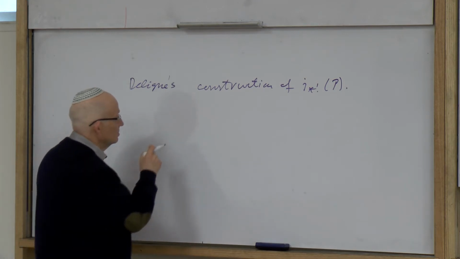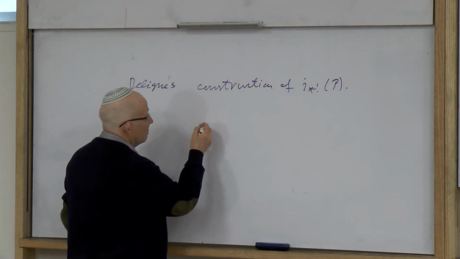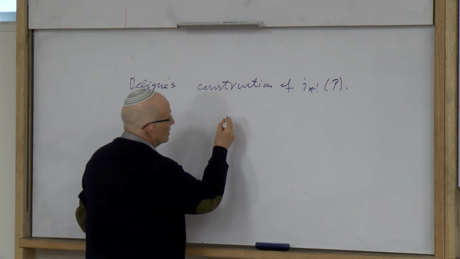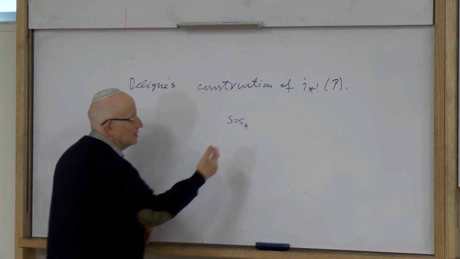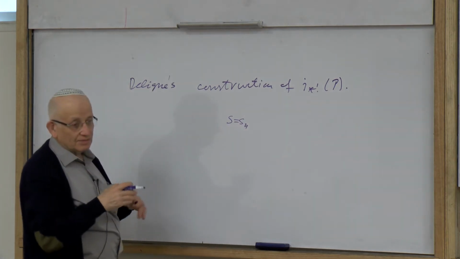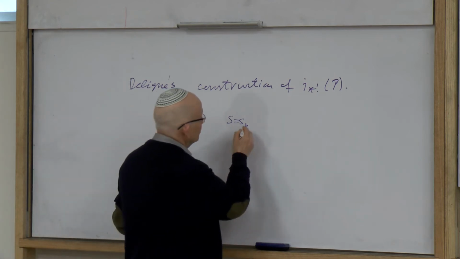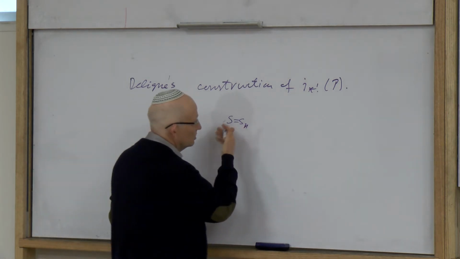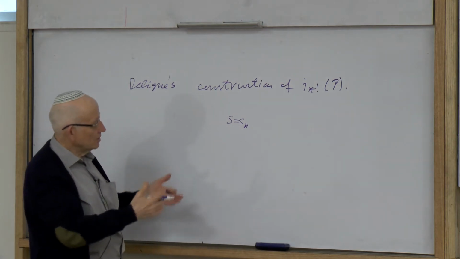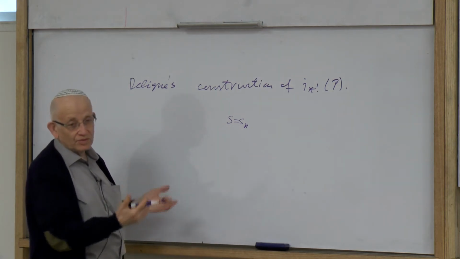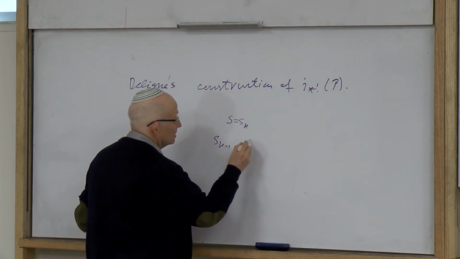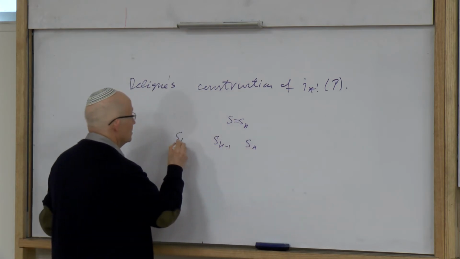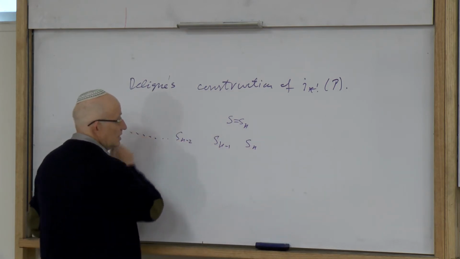Suppose I have my S, which I denote S_n, non-singular of dimension n, then on its boundary you have some components of dimension n minus 1 and so on. So you have some stratification, S_n, S_{n-1}, S_{n-2}, and so on.